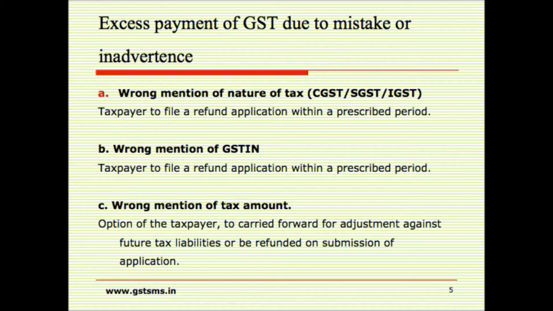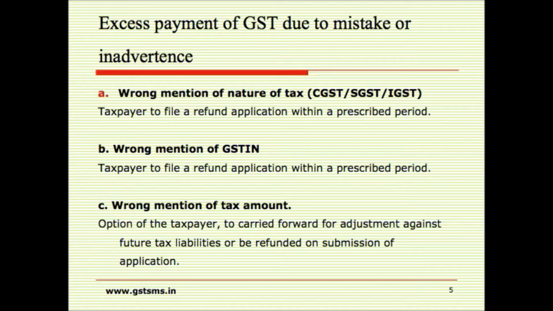However, going forward, you will feel that this mistake is not possible as the entire payment procedures under the GST regime would be governed by the GST network and it will not accept any payment in case the GST registration number is incorrect.